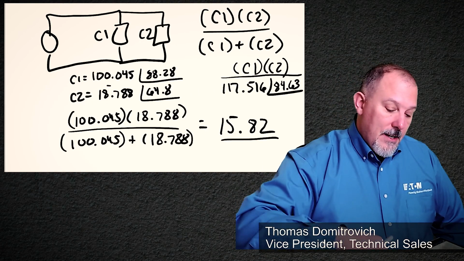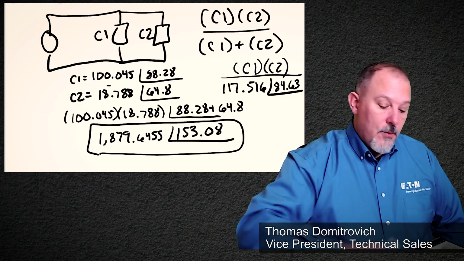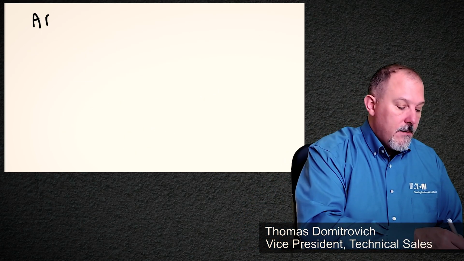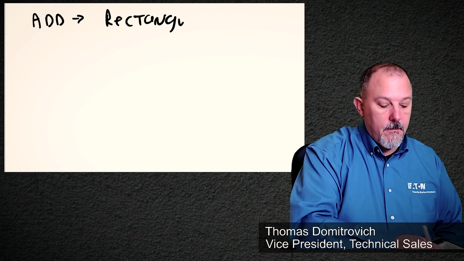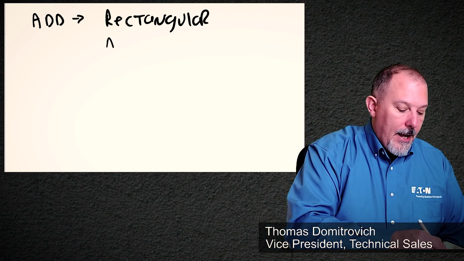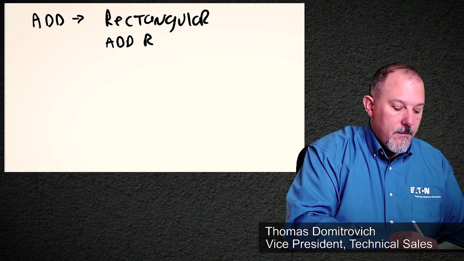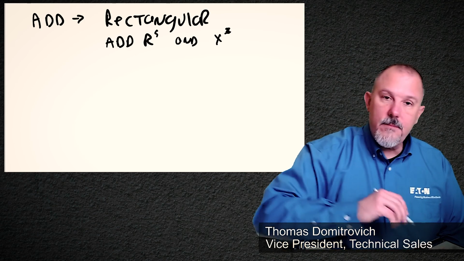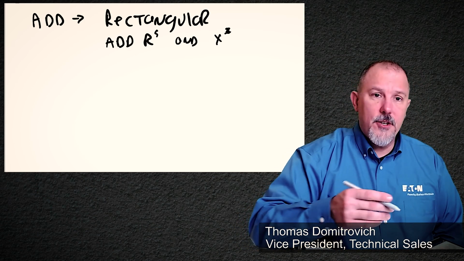So what I showed you, as a summary, when you add complex variables, you keep them in rectangular format. And you add the R's, and you add the X's separately, and you're golden.